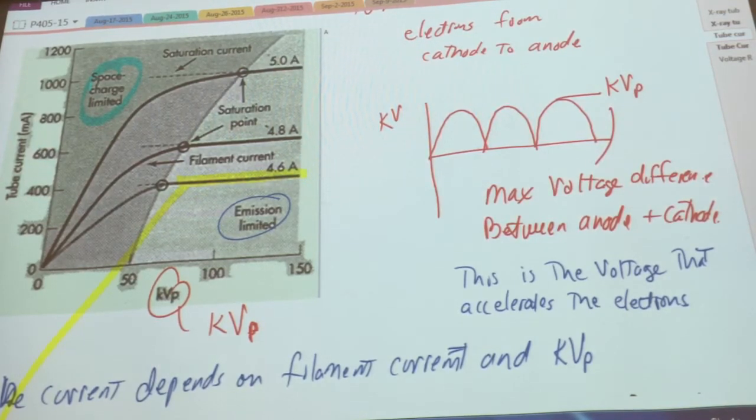There's a cloud of electrons, think space charge, that builds up around the filament, and that inhibits more electrons from being emitted. So the space charge inhibits emission, if you want to think about it in those big terms.